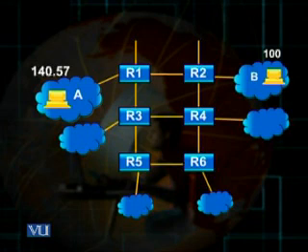There are other routers, you can see R3, R4, R5, R6, all connected to their respective subnets, and in this way a web is formed.